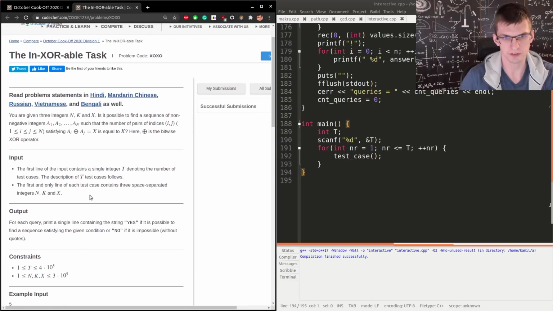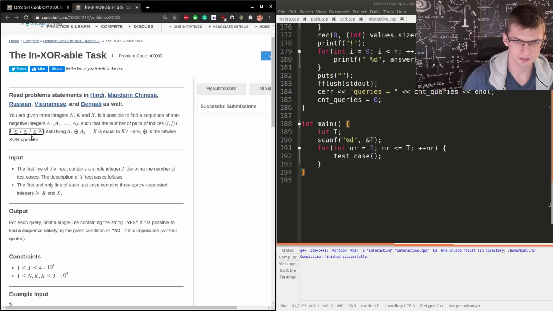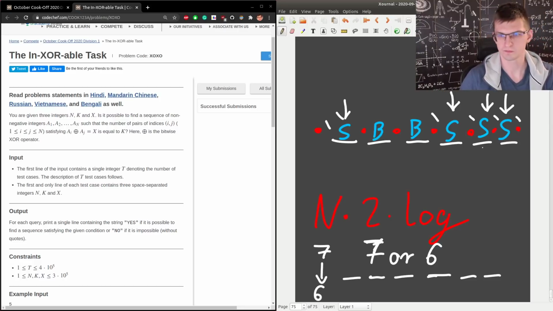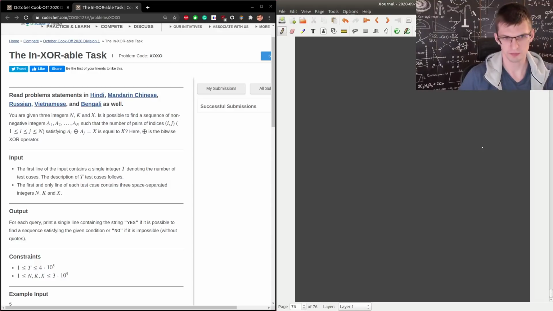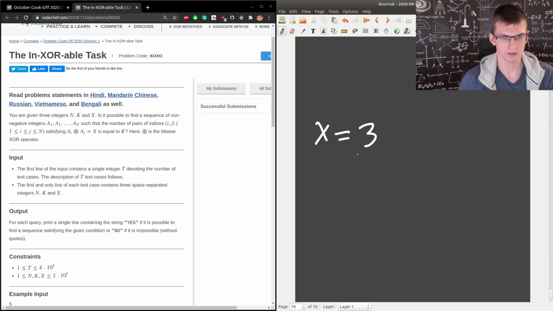Okay, x is positive, so this doesn't matter. This will be very easy. Like, let's say that x is 3. Non-negative, yeah. Then I can make some group of zeros and some group of 3s.